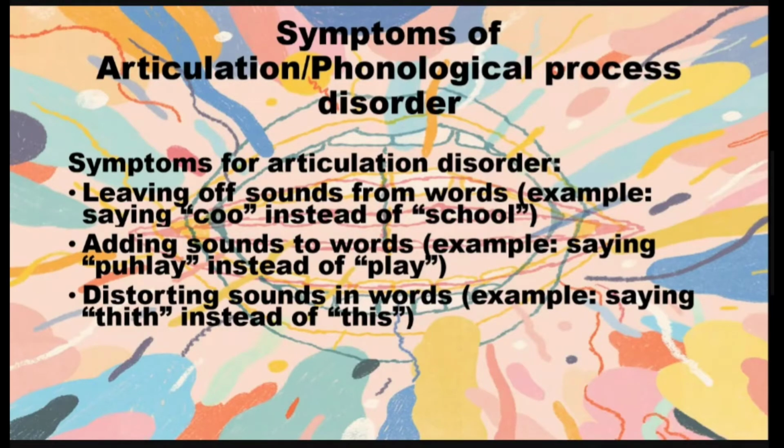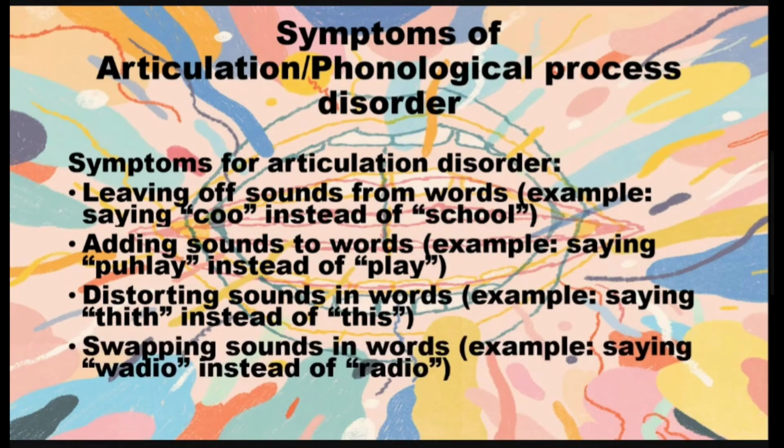So this person cannot pronounce the sound S and pronounces it as TH, as I have stated a while back. Swapping sounds in words, an example of which is saying "wadio" instead of "radio." So he swapped R and W and made R with a W sound. But what he or she meant is the word radio.